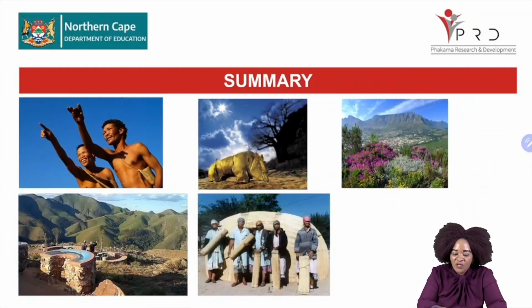And also there is Table Mountain there. So by virtue of you looking at the Table Mountain just behind these flowers, I want to believe that you are able to see the name of this World Heritage Site in the Western Cape province.